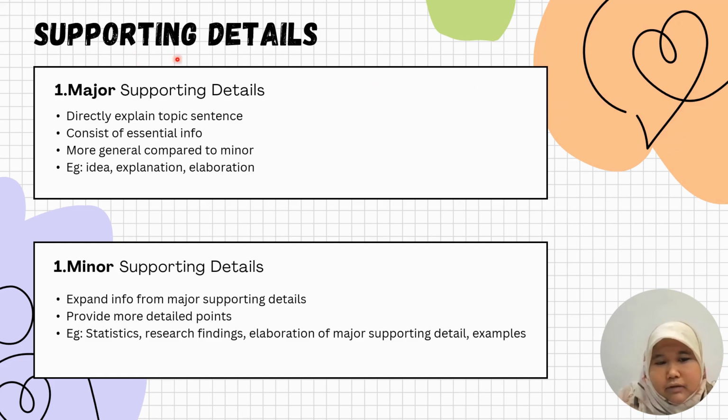Now after the topic sentence, you have to elaborate your point. This is the function of supporting details. There are two types of supporting details, major and minor. For the major supporting details, you directly explain your topic sentence, and it consists of very important info, more general compared to minor.